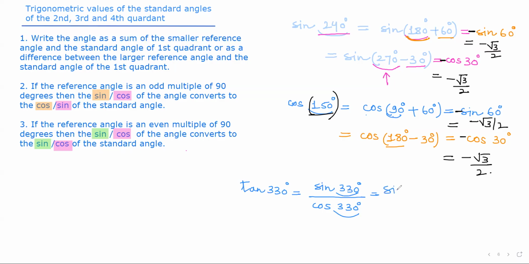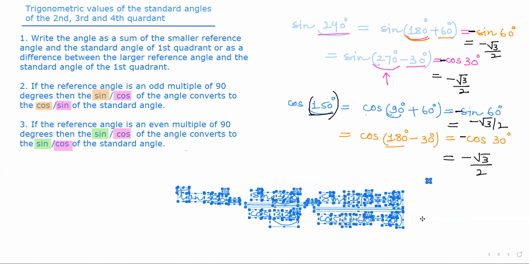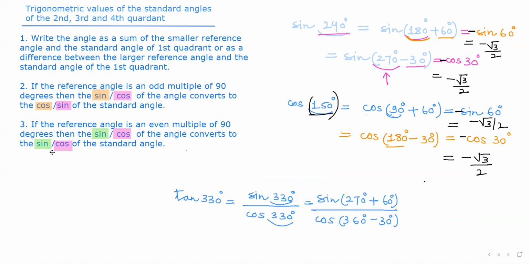So I can write it as sine of 270 plus 60, and the lower one I write as an even multiple, 360 minus 30. Works fine, all of you? Yes or no? Yes, sir.